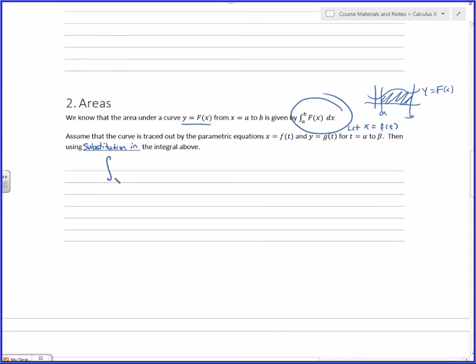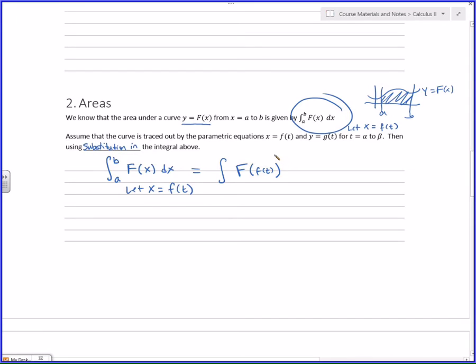If you have the integral from a to b of capital F of x dx, we're going to let x equal some function of t. So first thing we do is plug in f of t here.